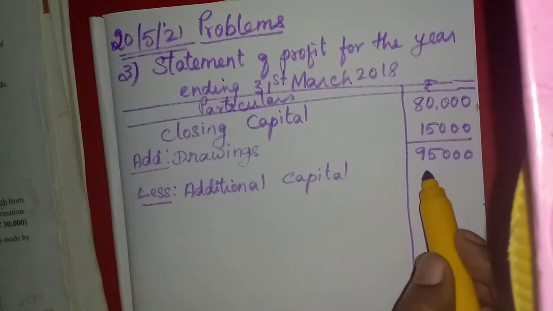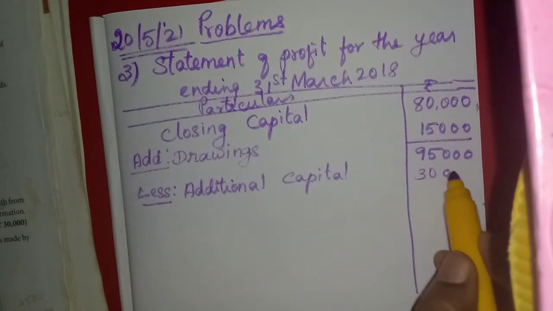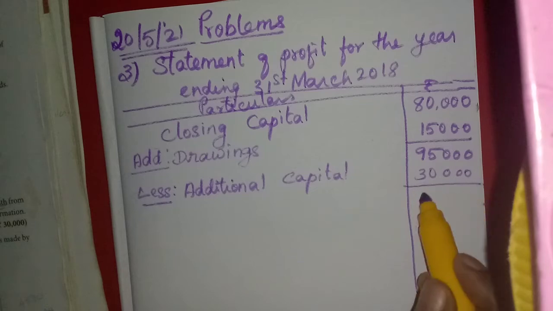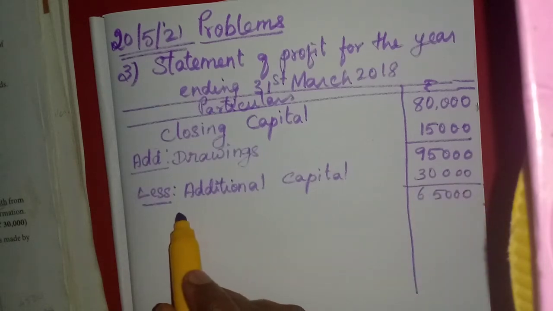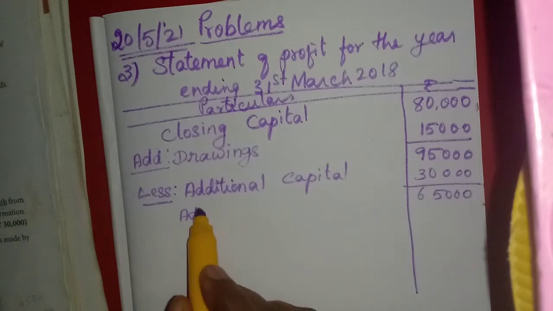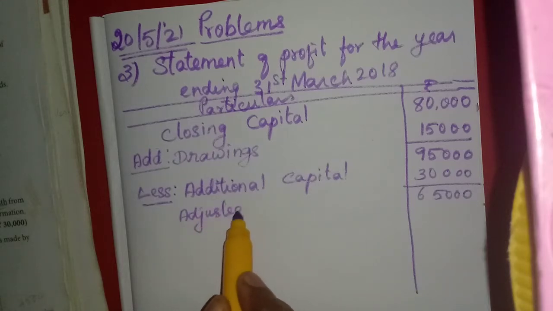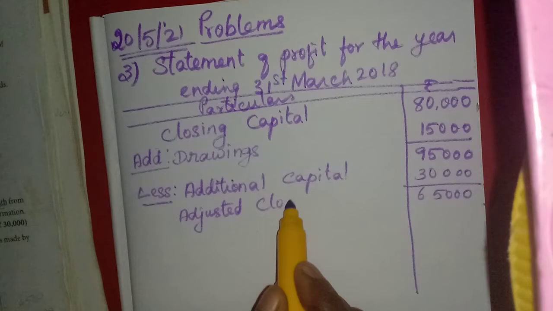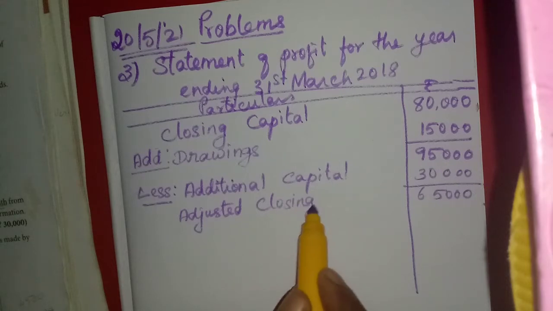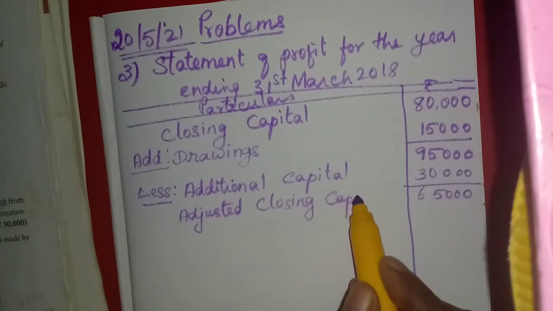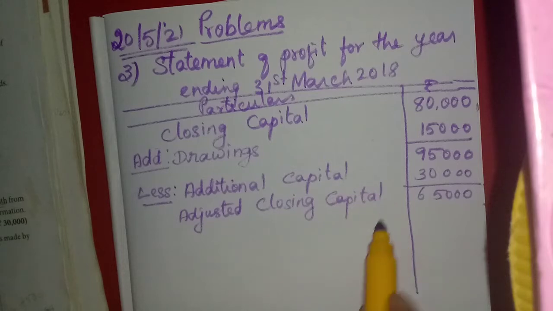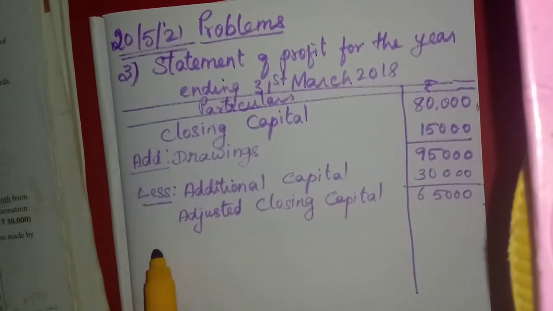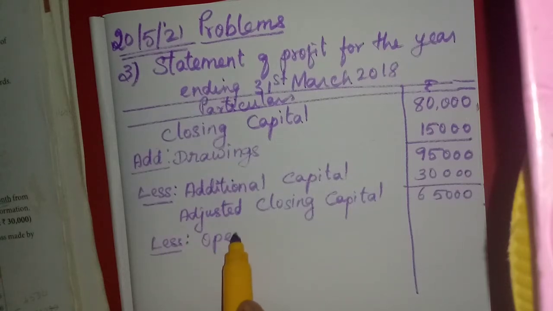Okay, here less additional capital 30,000. So 65,000. This is called adjusted closing capital. Then from this one what we have to deduct? Less opening capital.